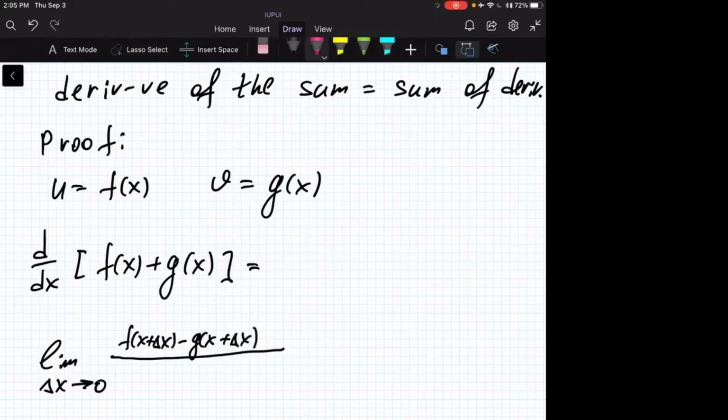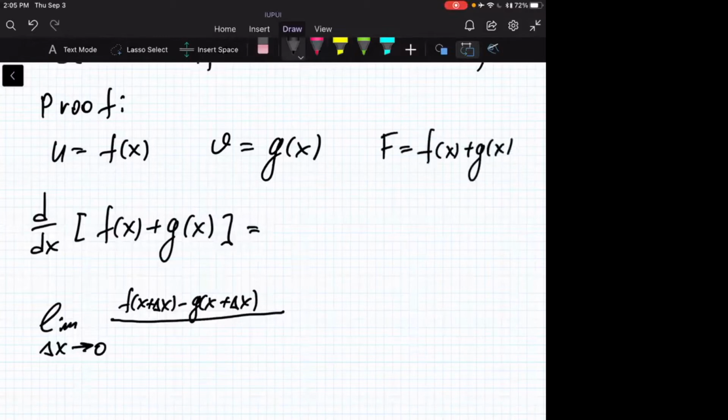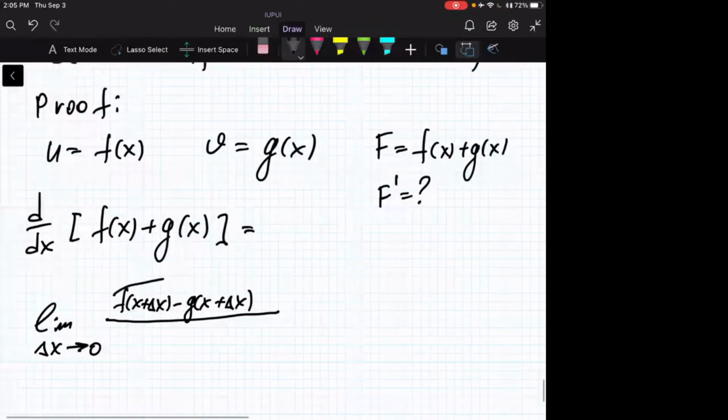Let's call the sum capital F, which is f of x plus g of x. And we want to calculate F prime, right? So this is my capital F at point x plus delta x.